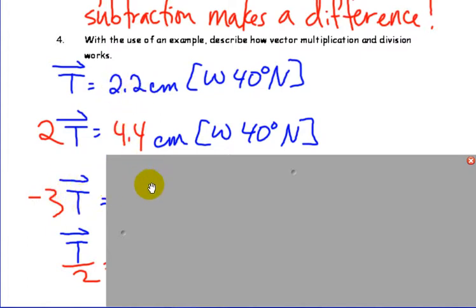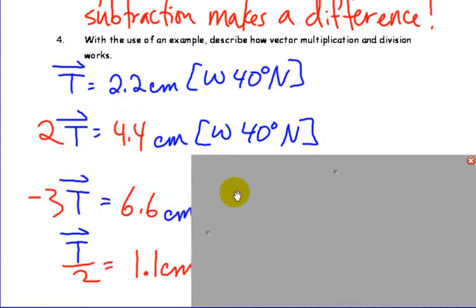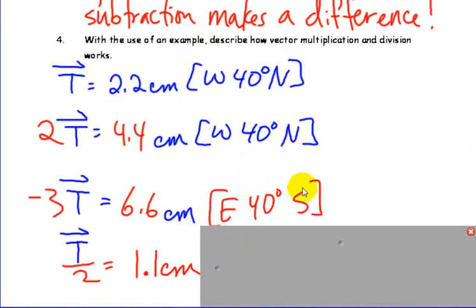So 3 times 2.2, 6.6. But the negative means the opposite direction. The opposite of west, east. The opposite of north, south. So instead of west-north pointing this way, it would be east-south, pointing downwards and to the right.